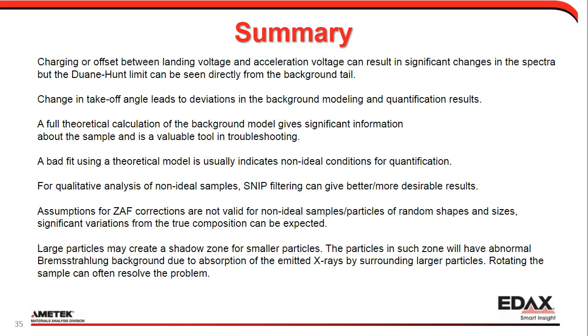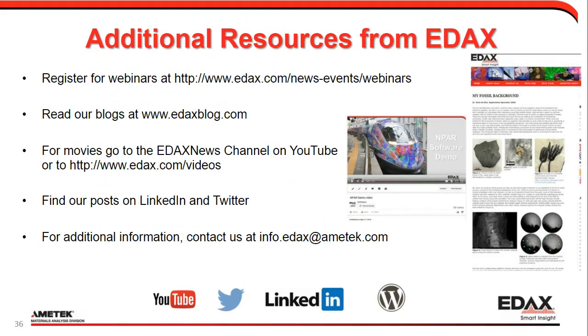And again, which direction the shadow goes, that depends on where your detector is mounted. Shadowing is usually not too much of a problem once you realize it is there. Simply rotating your sample 90 or 180 or whatever it requires can solve the problem most of the time. And with that, we are done with our presentation, and we will now go into our Q&A session.